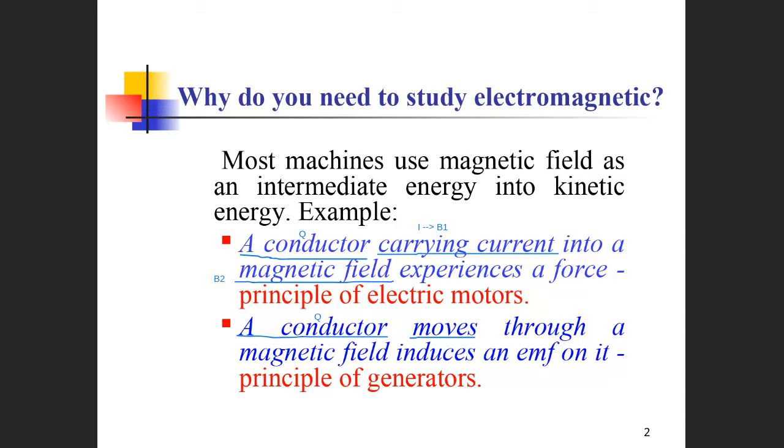Invisible currents through a magnetic field induce an electromotive force that makes the charges move in another way. Okay. Electromotive force.